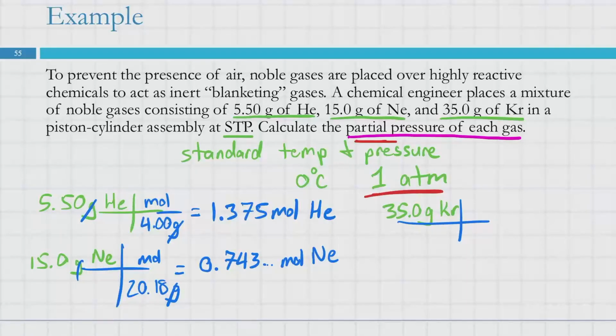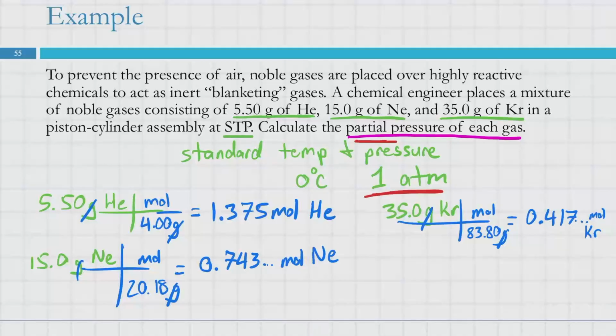We also divide that by its molar mass. This one's 83.80. So we've got 0.417 and some other numbers after that, moles of krypton.